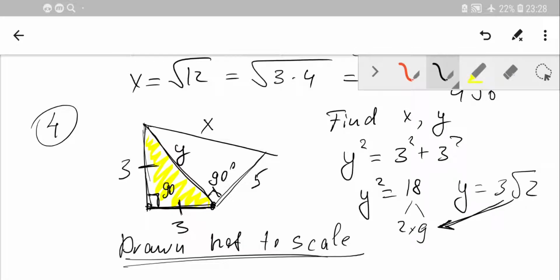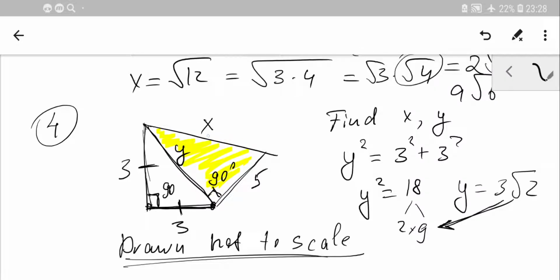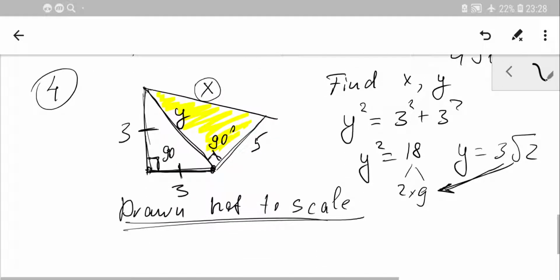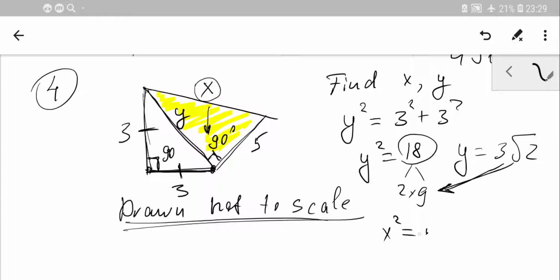All right, so the next triangle, I erase this one, because we used that, and I mark now the triangle is here. All right, so there you need to find x. Once you found y, that's not the problem. Now let's find x. So x squared, it's the hypotenuse, again opposite to the 90 degrees angle. So we'll have y squared, I just marked as 18 and I plug this number.